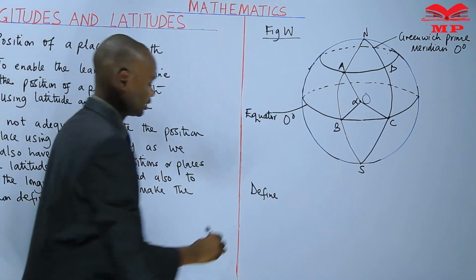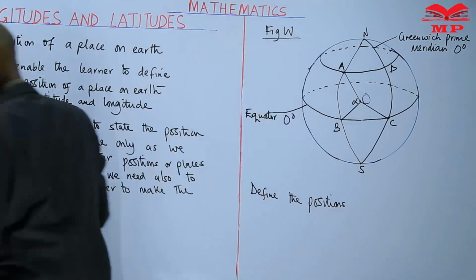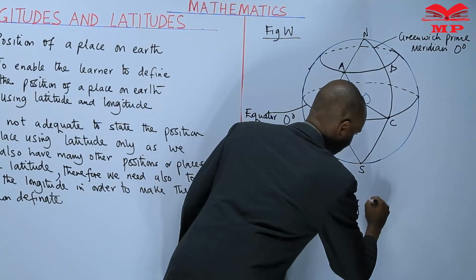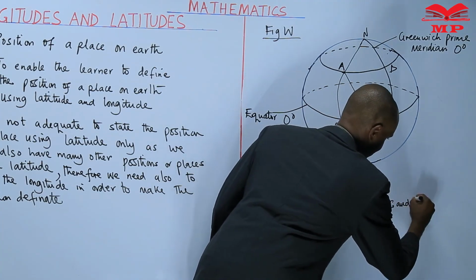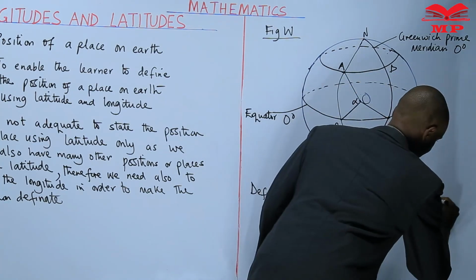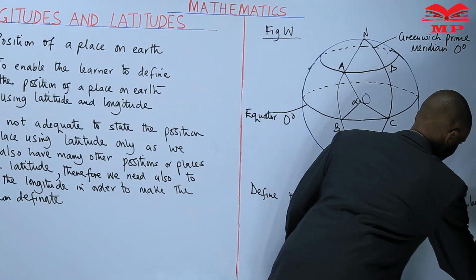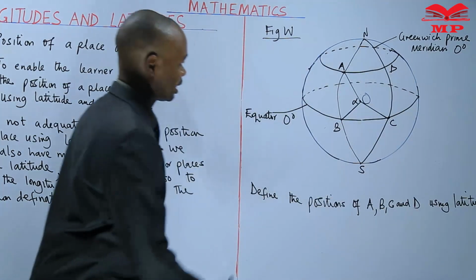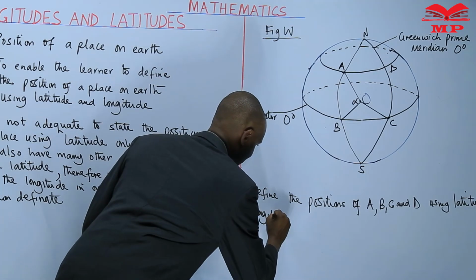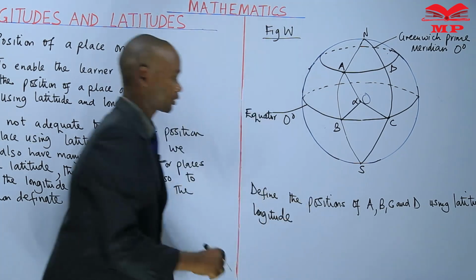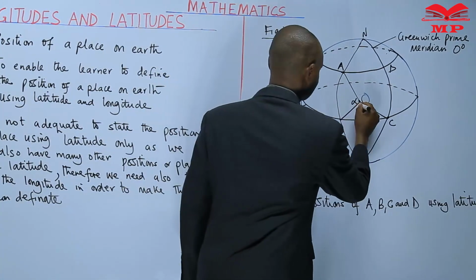You can be told define the positions A, B, C, and D using latitude and longitude. So learner, that is the question that is posed there. This is the angle theta.